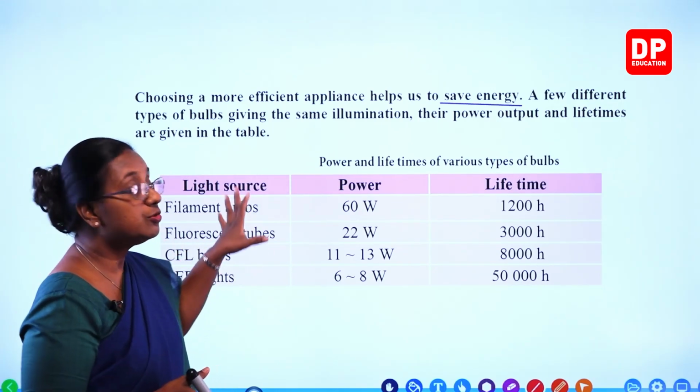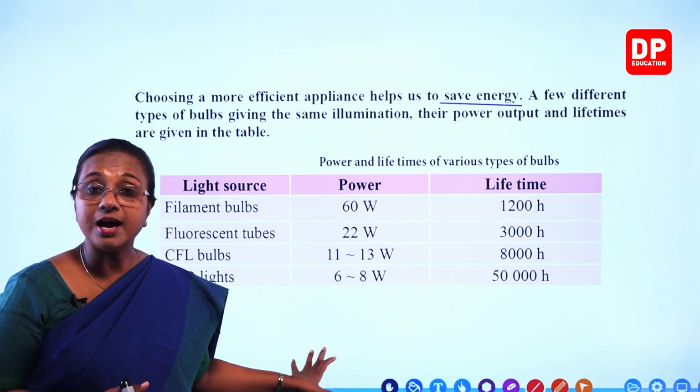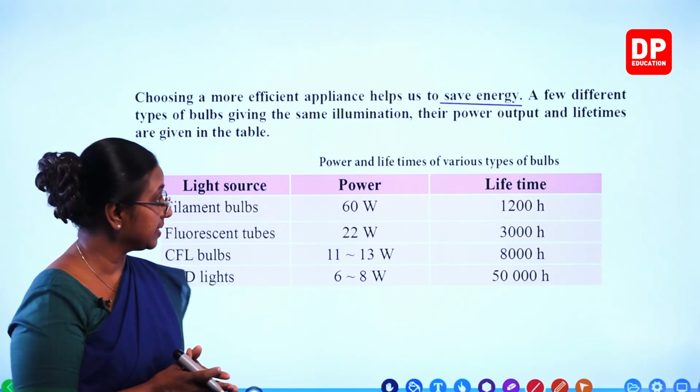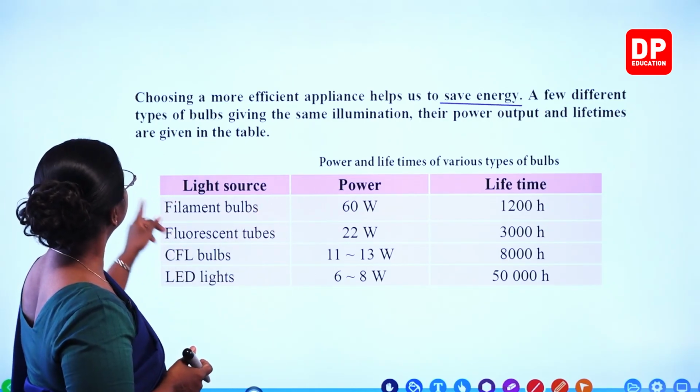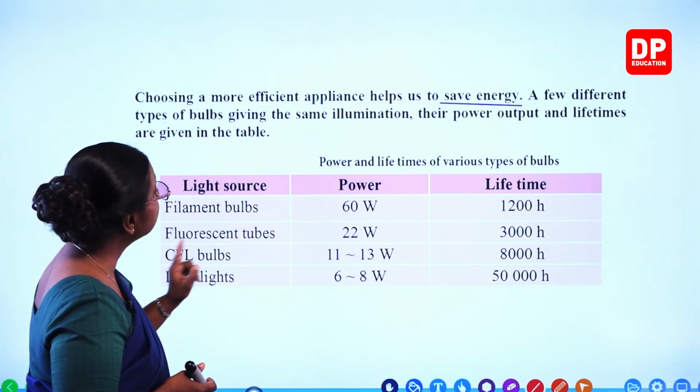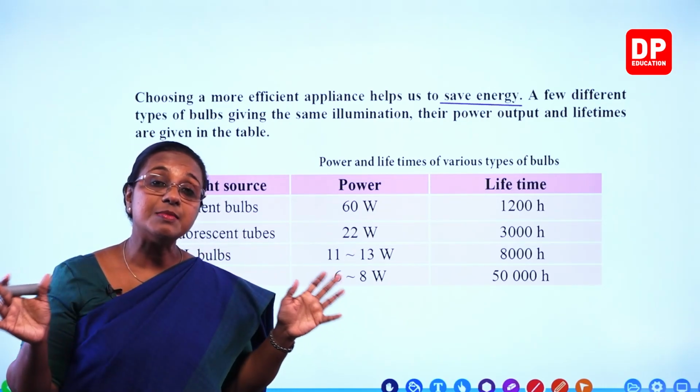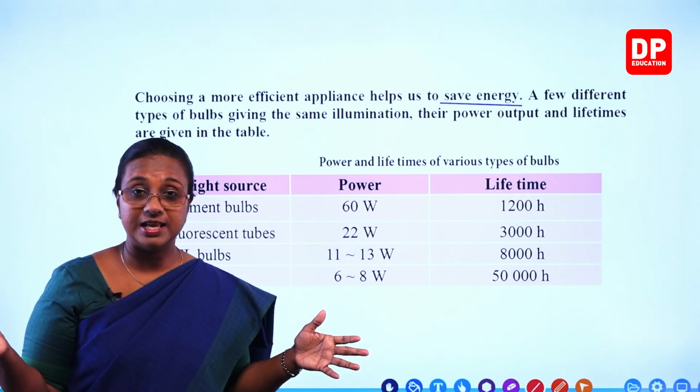To do that, you should know about the different types of appliances that are available for a certain purpose. So a few different types of bulbs giving the same illumination. So that's important. You get the same amount of light, same illumination.